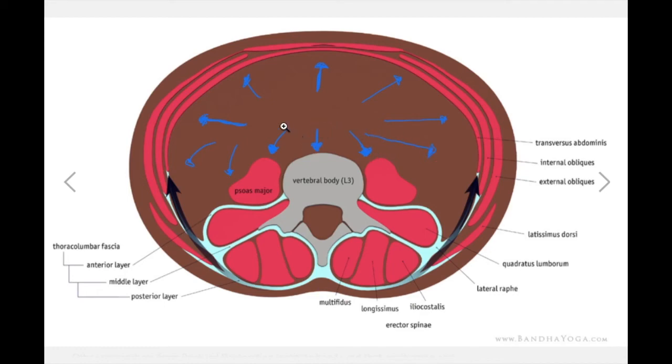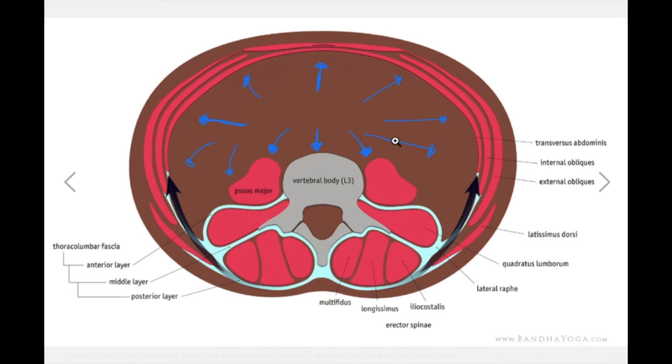For this reason, our abdominal muscles should eccentrically contract as they passively lengthen so that we can maintain the optimal range of internal pressure.